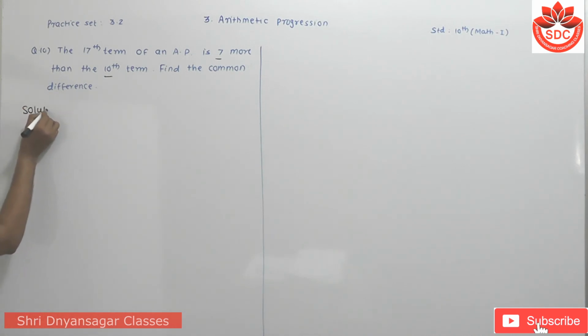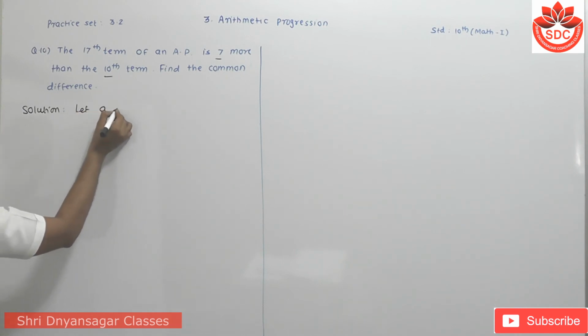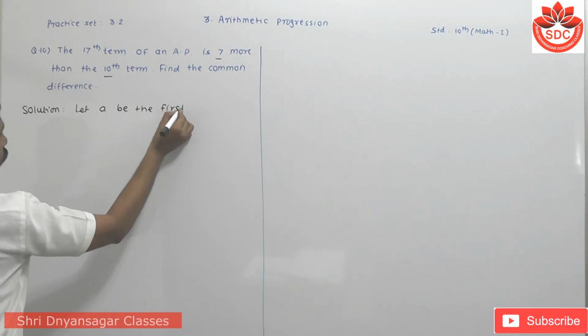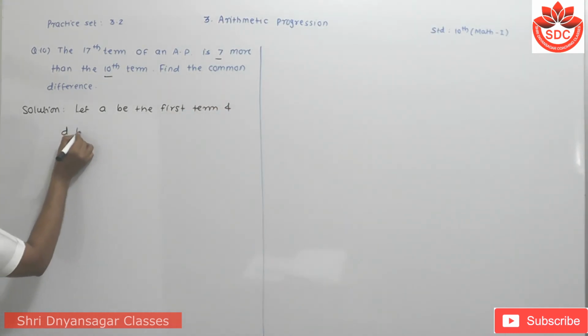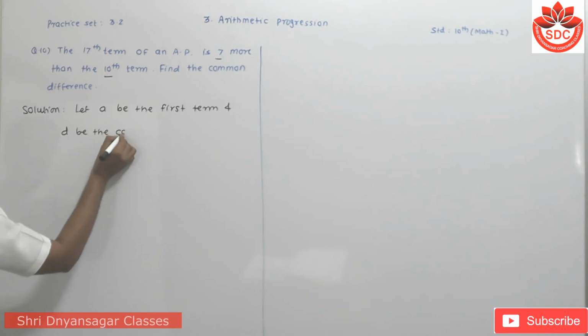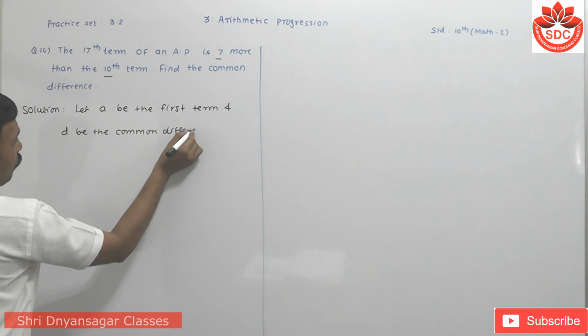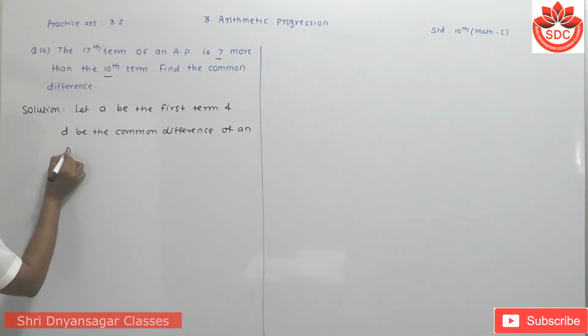Again, this is an important example. Its solution is: let a be the first term and d be the common difference of an AP, arithmetic progression.